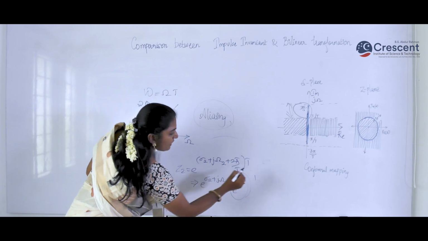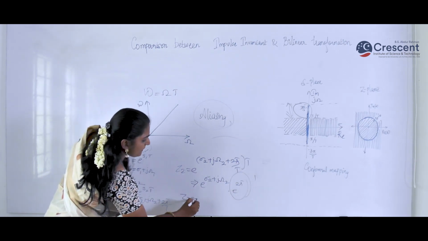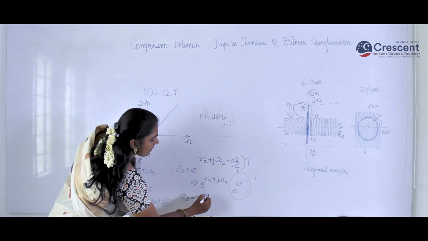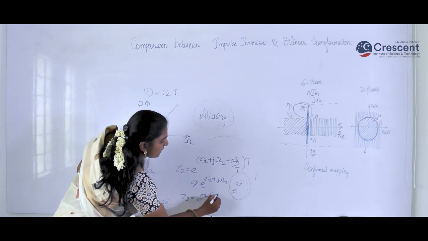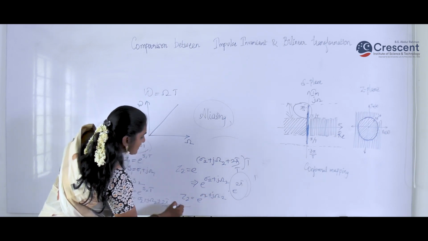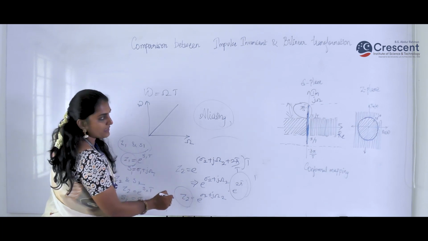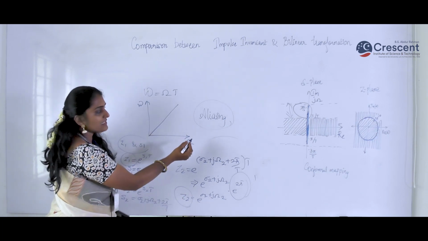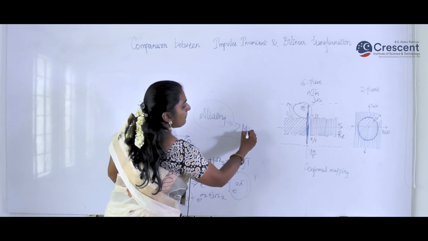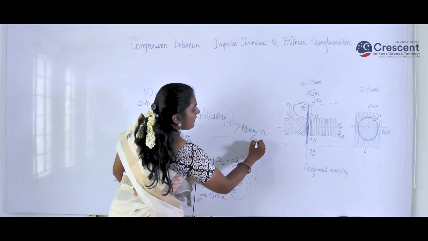So this value is equivalent to 1. So again Z2 will be equivalent to e power sigma 2 plus j omega 2. So again this pole and the pole Z1 lie at the same point. So this is called the aliasing effect, and we term it many to one mapping.